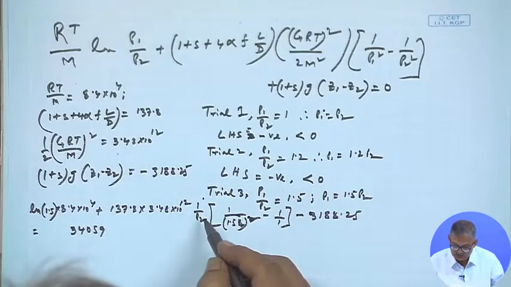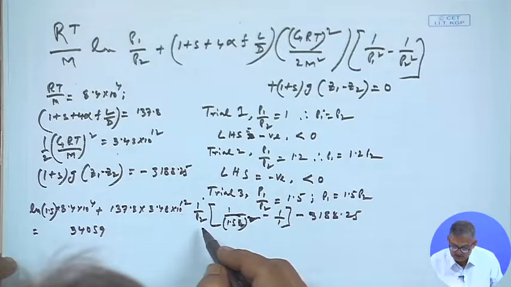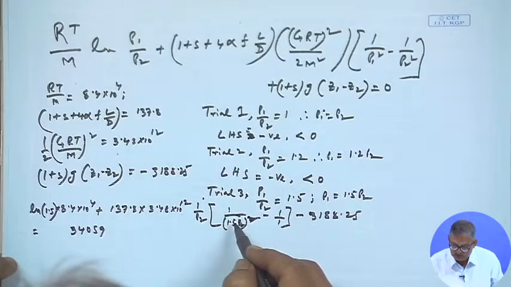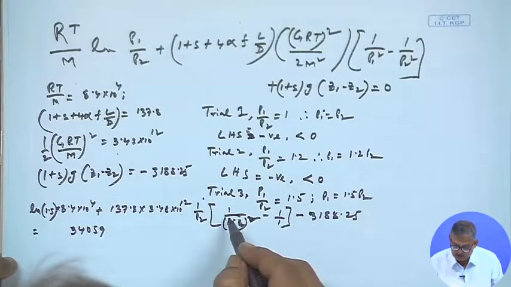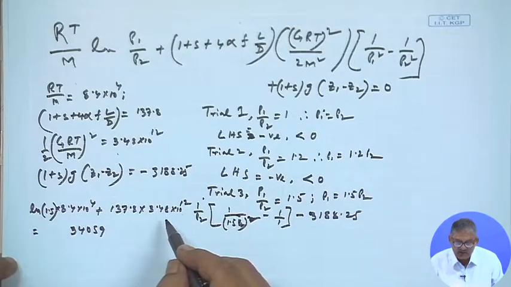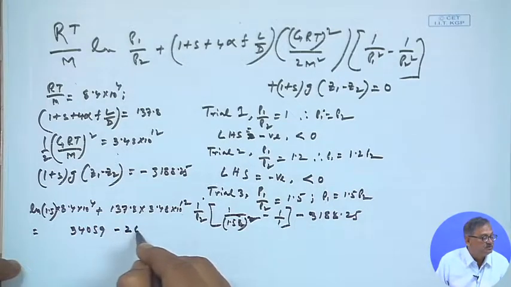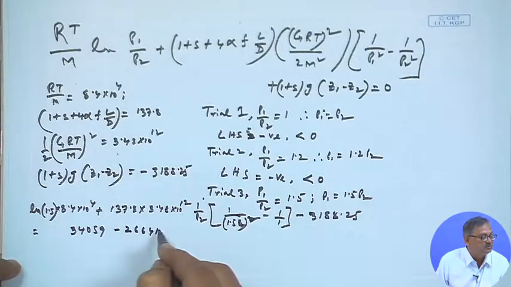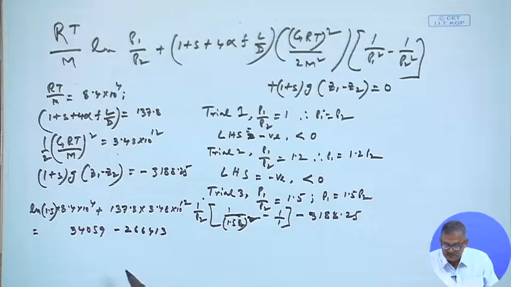1.2, right? This is 1.5 P1 square. So 1.5 square minus 1, this is minus, and that became equal to minus 26641. So it is still a bigger number, right?